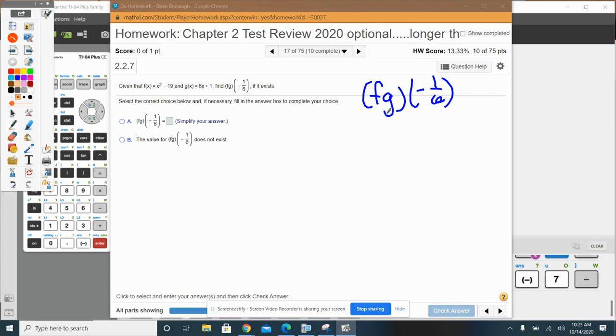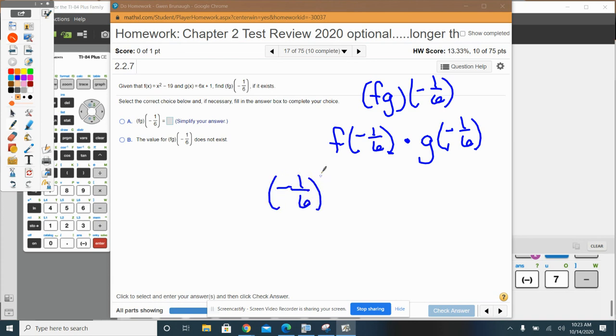-1/6. When they're written like that, that means multiply. So we're going to take f of -1/6 times g of -1/6. And when you do f of -1/6, it's not very nice. -1/6 squared minus 19 is 1 over 36 minus 19. I could type that in my calculator, but I'm just going to wait a second.